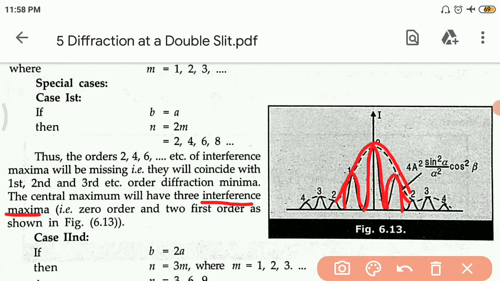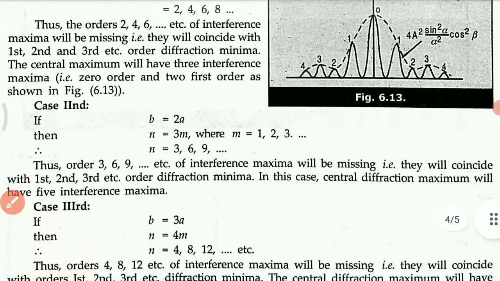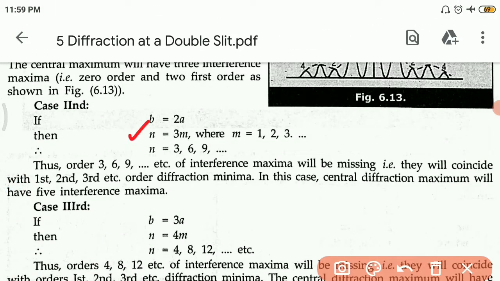Then the second case: if we take b equal to 2a, then in this case n is equal to 3m. So the value of n, putting m equal to 1, 2, 3 and so on, will be 3, 6, 9 and so on.